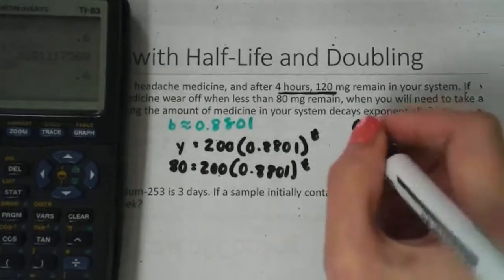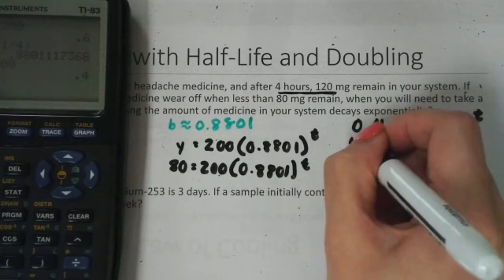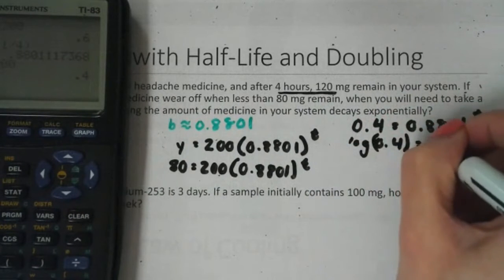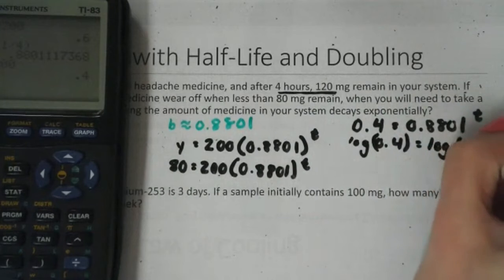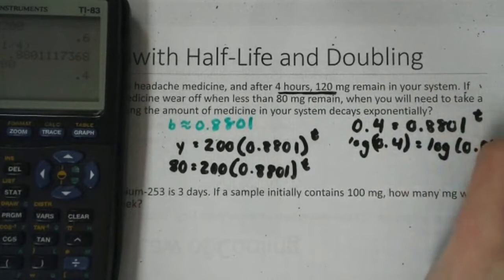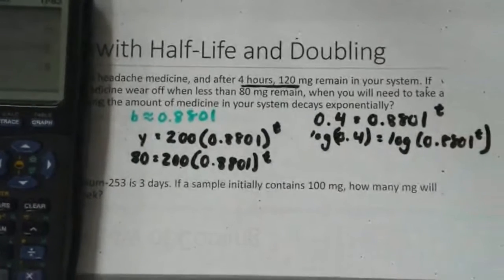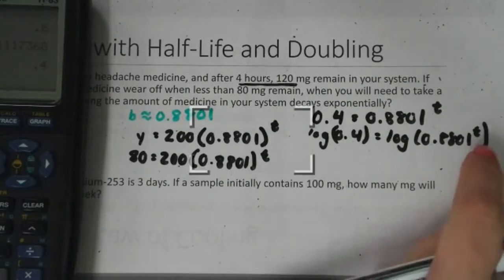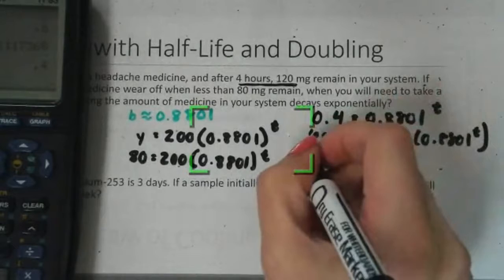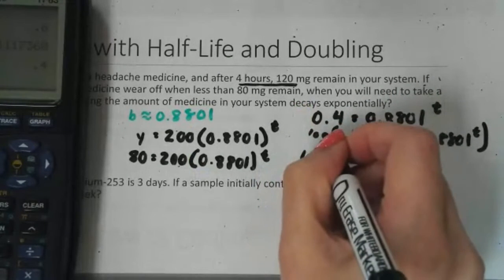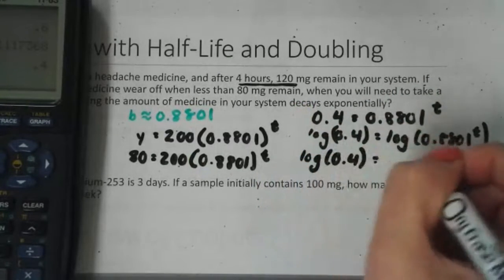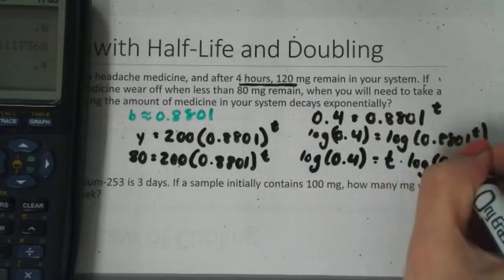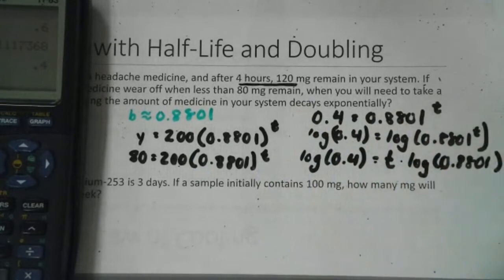I can take the log of both sides, so that the log of 0.4 is equal to the log of 0.8801 raised to the t power. Using Amanda's favorite log rule, also known as the exponent rule, we can take this exponent t and bring it out front, so that the log of 0.4 is equal to t times the log of 0.8801.